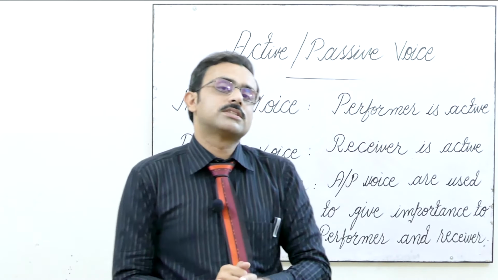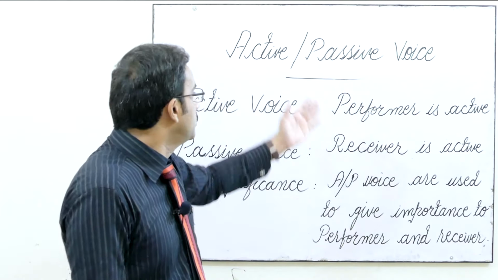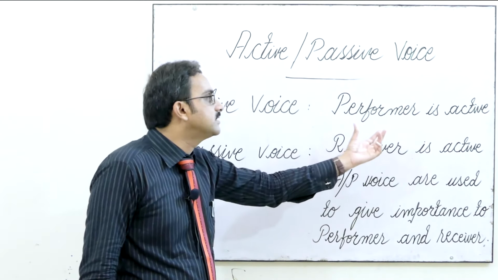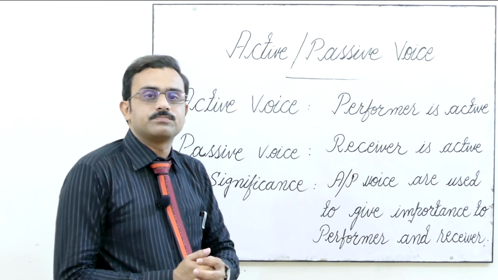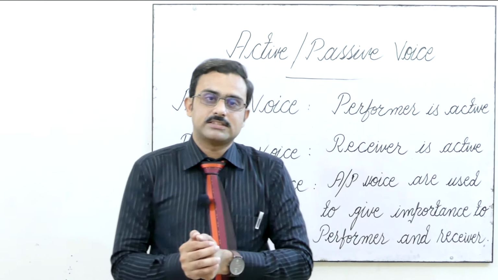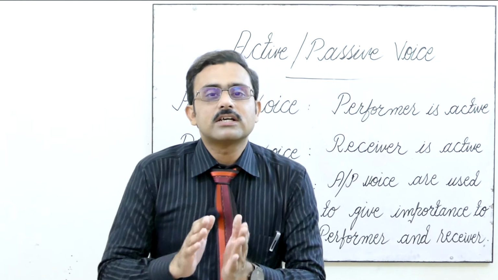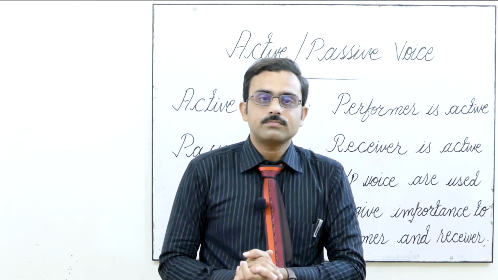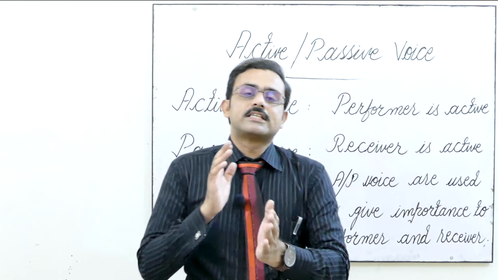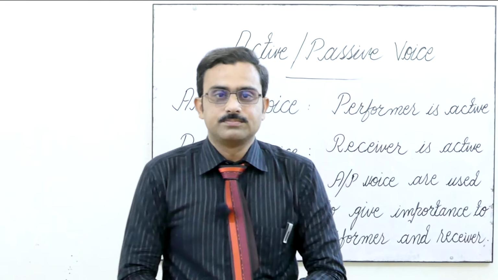Now we come to the question: what is the difference between active voice and passive voice? Guys, in active voice sentences, always the performer is in active form. Performer means the doer, the subject of the sentence. In active sentences, what the subject does, he remains in active form. Means the action is directly being performed by the performer or doer.